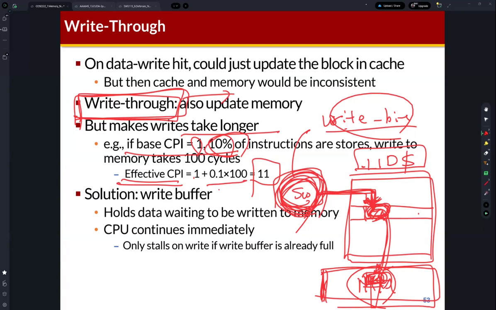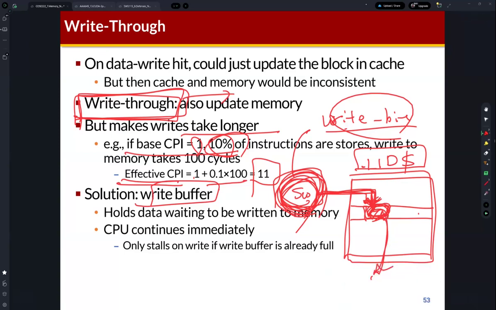So in order to avoid this performance drop, we can use the write buffer. So we can add the buffer here, because the main memory is so slow. In this case, the write request can be buffered in this write buffer, right? Then the request is buffered here, then the store instruction is done.